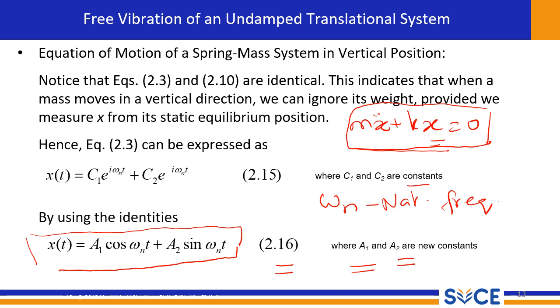The connection between these two forms involves Euler's formula, which relates the complex exponential to sine and cosine functions. This allows us to convert between the two representations depending on which is mathematically more convenient, but both equations describe the same simple harmonic motion.